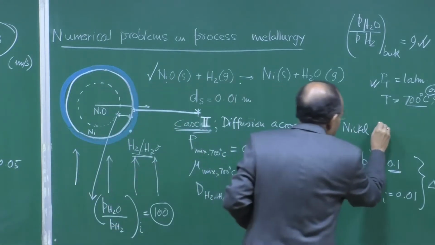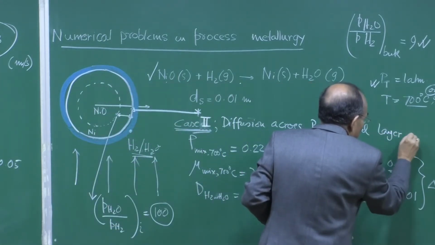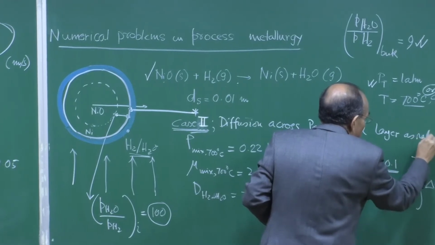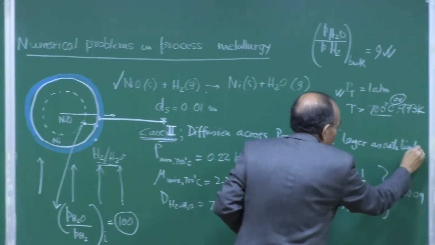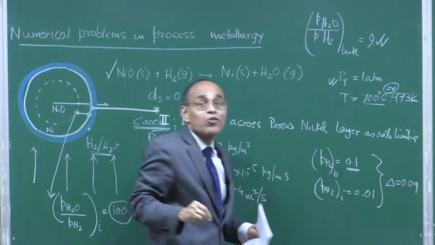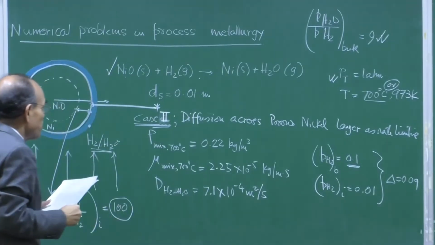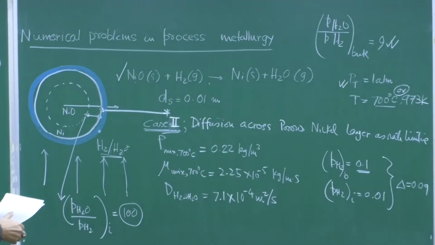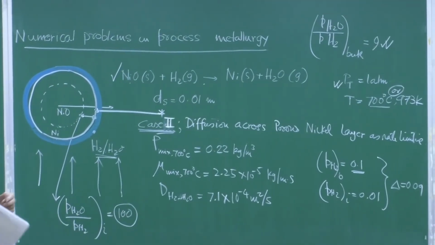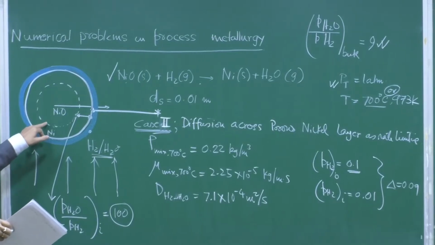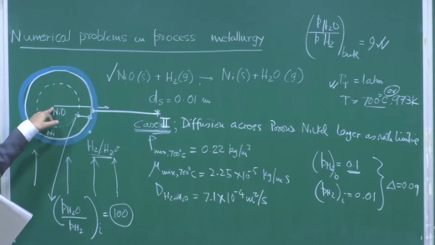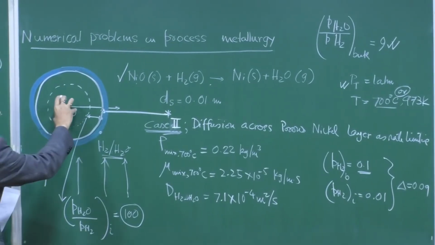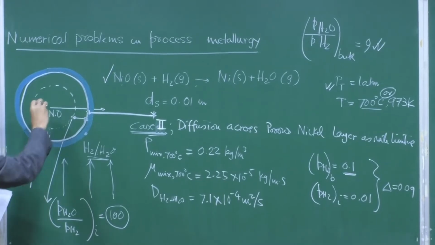All other kinetic steps are assumed to be infinitely fast. In that case, you must understand, as time goes on, this reaction front keeps on moving towards the center. The nickel oxide core shrinks as a function of time.